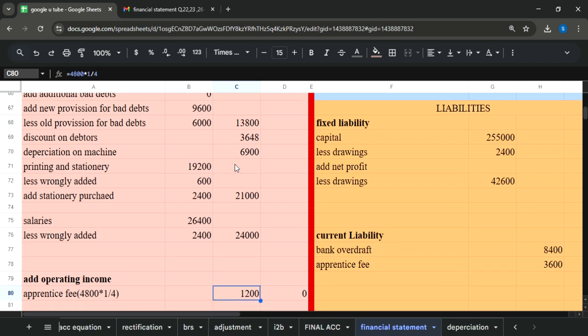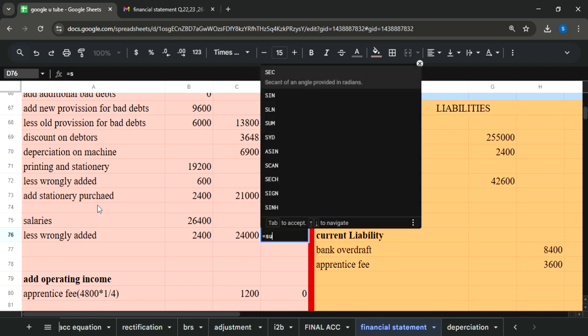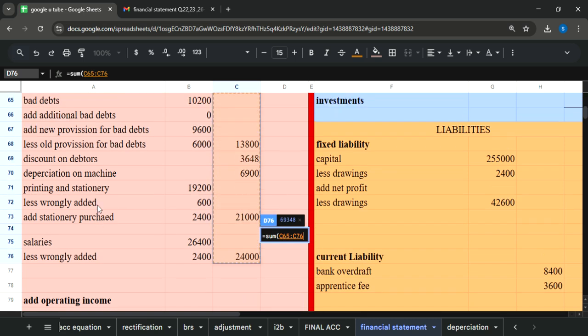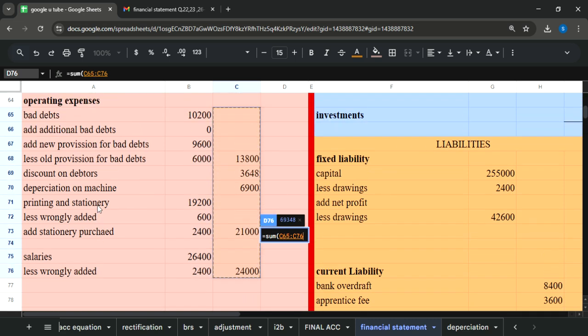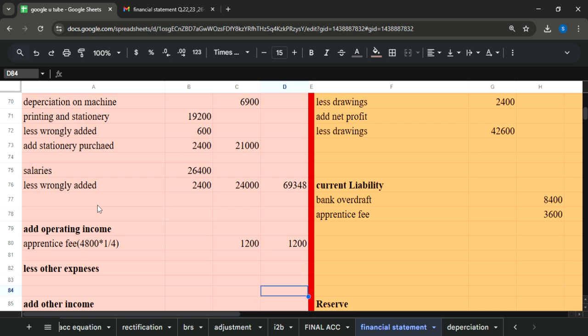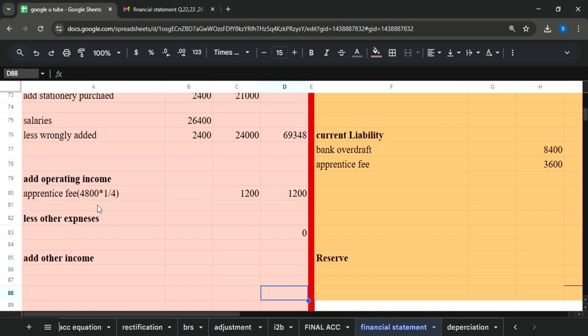It means all operating expenses are written over here. Just in this line it might be possible we are subtracting our stock. So let's take the sum of all operating expenses, and this is the total of operating expenses. Then we have operating income, only one item. No other expense means 0. No other income, it means it is also 0.